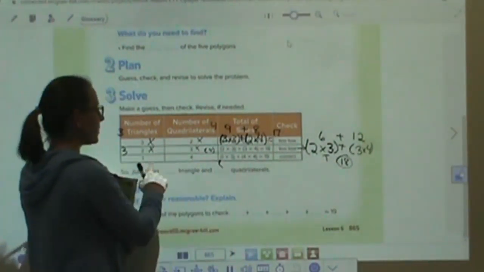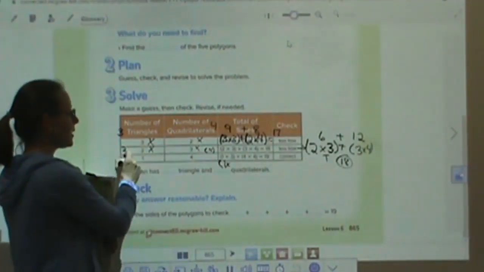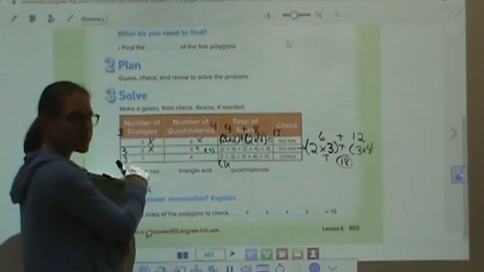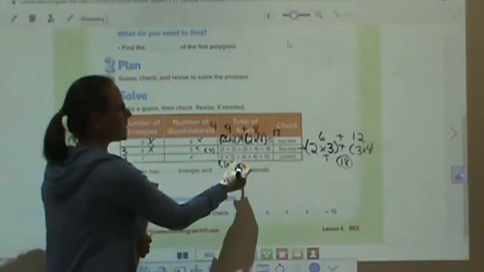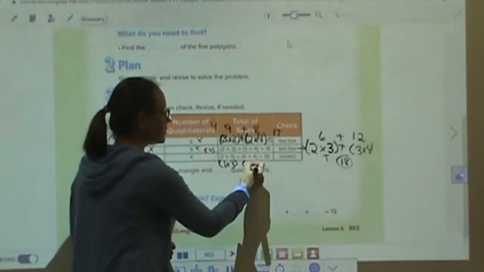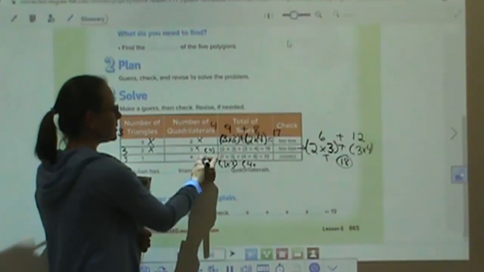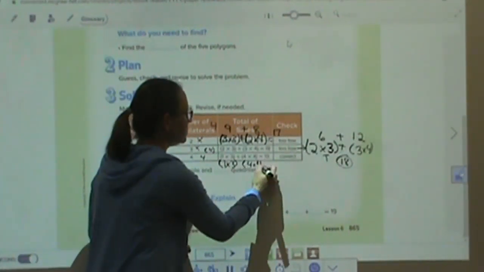So we'll do this problem again. 1 triangle times 3 again, 3 representing the 3 sides of the triangle. Now we're going to take our quadrilateral. They have 4 of those times the 4 sides in each quadrilateral.